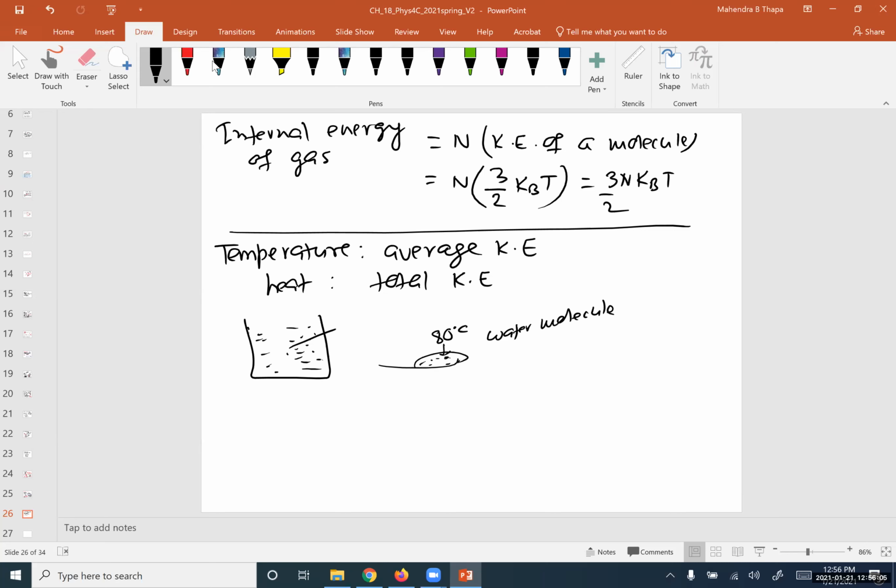And this is also water molecules. So say its temperature is 35 degrees Celsius. So based on our result, we can say that here the average kinetic energy will be low because temperature is lower.